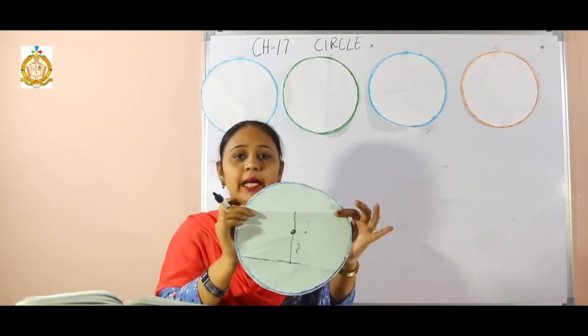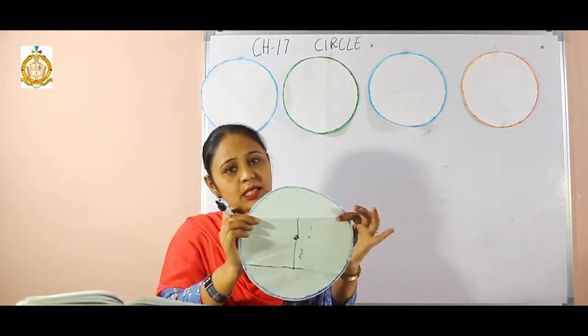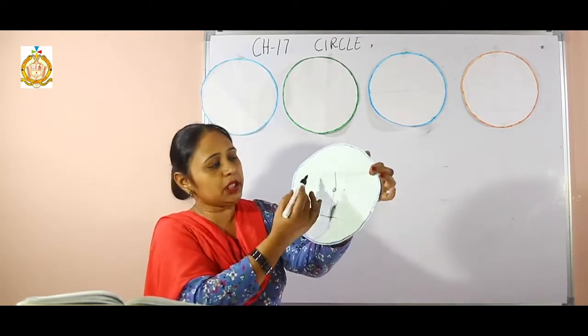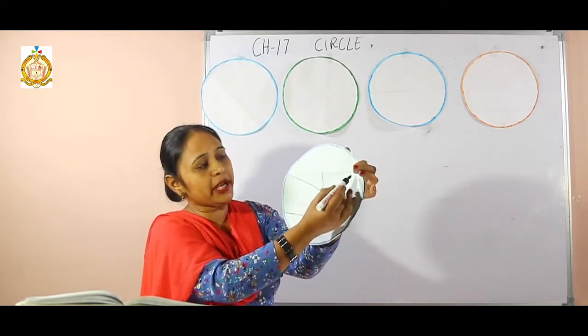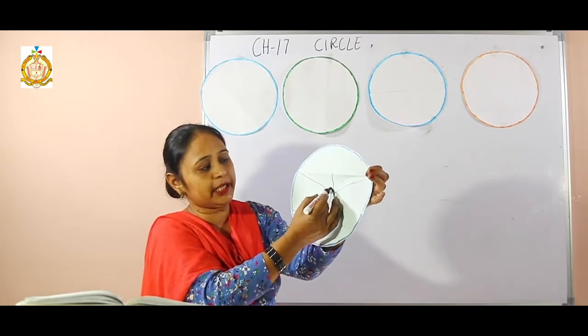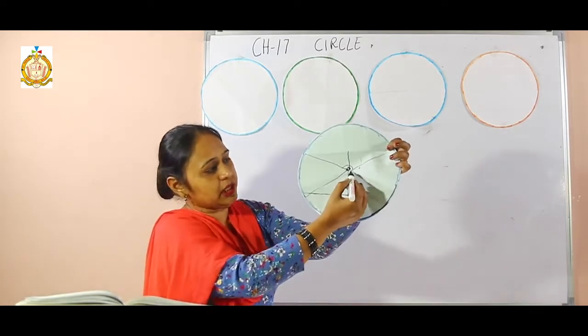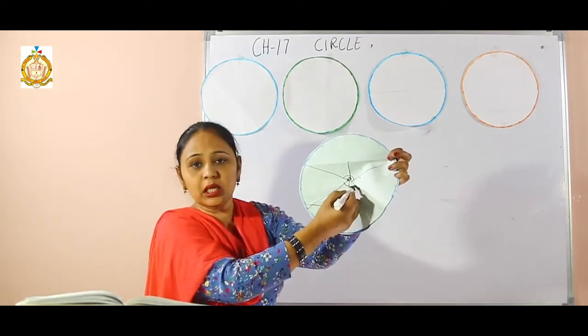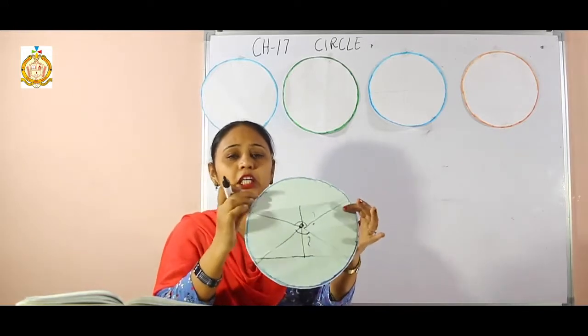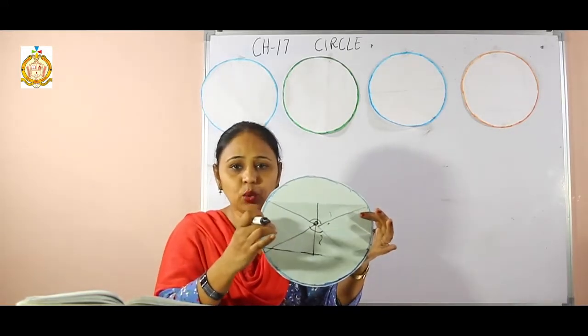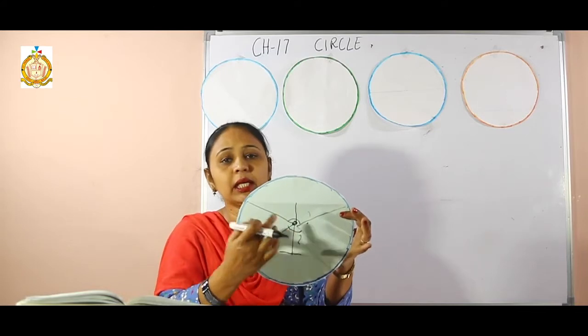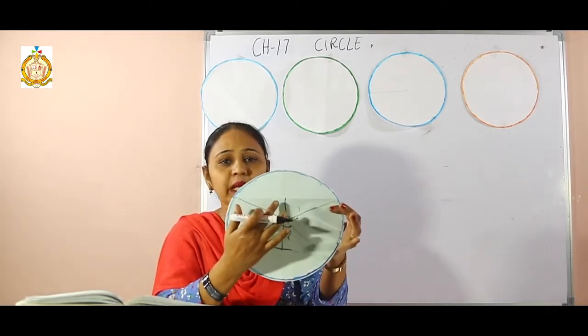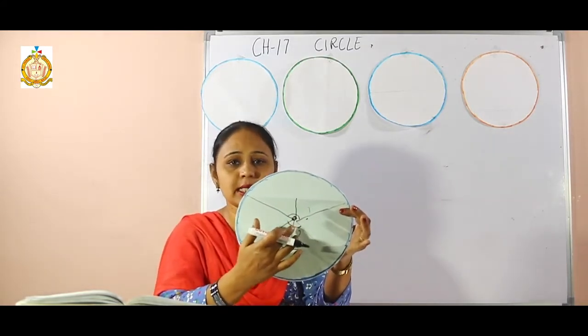Equal chords are at equal distance from the center. In the same way, when we draw an angle at the center for equal chords, like this one and this angle, these angles will be equal. Once again I am repeating, equal chords are at equal distance from the center point. Then equal chords make equal angles at the center point.